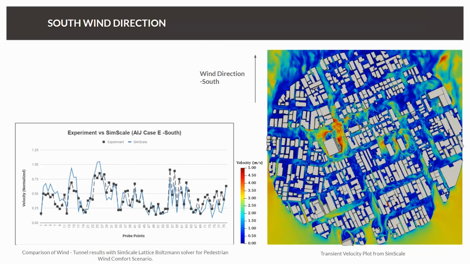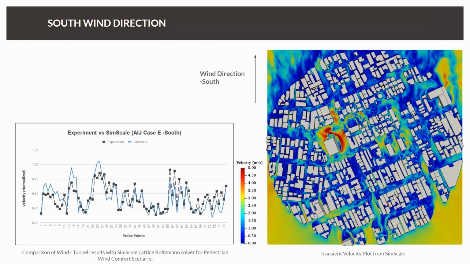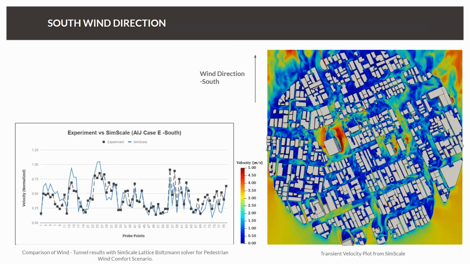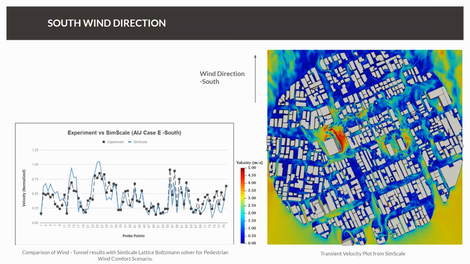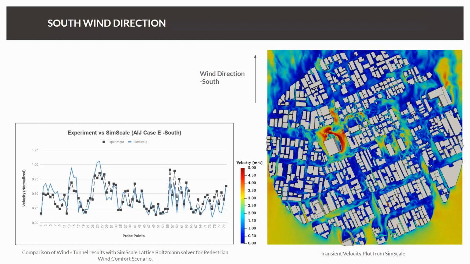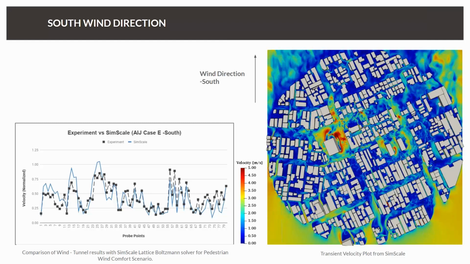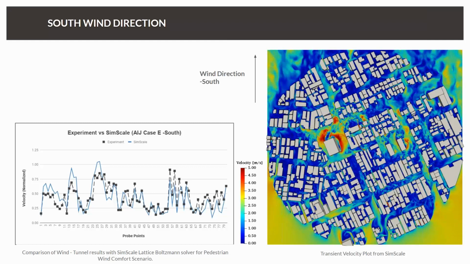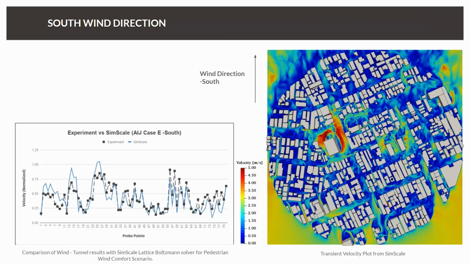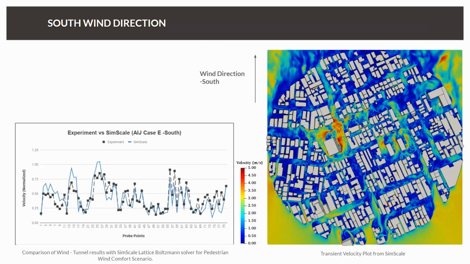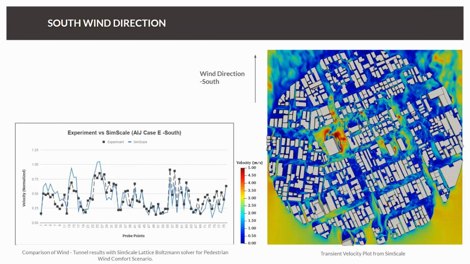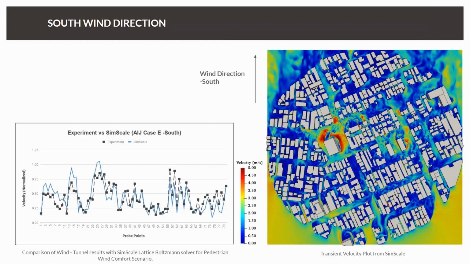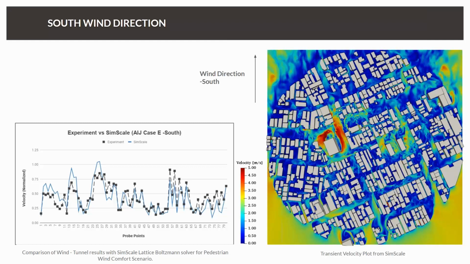And if the velocity of the SimScale results are close to that of the experiment, then we would say that the results are valid. But we can't do that for just one point. What we've got is a huge list of points from the Architectural Institute of Japan, and we've taken their results from their wind tunnel testing, and we've plotted those against all of the equivalent points in our CFD simulation.